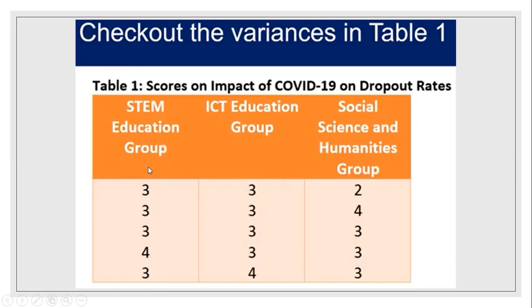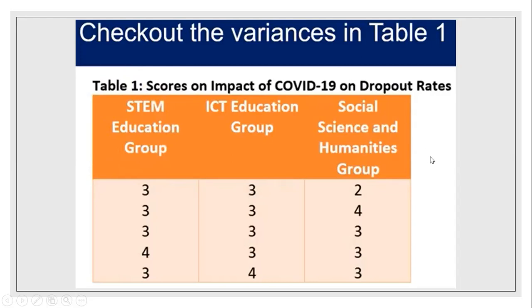Within the STEM education group, we are looking at their variance, and we are also looking at variances between or among the groups. This group, this group, this group, what's the variance? Then each of all these entities, what is the variance? So it's like a mesh. We are looking at so many things at the same time. So this is a table which gives us a score on the impact of COVID on dropout rate, which we extracted from a questionnaire.